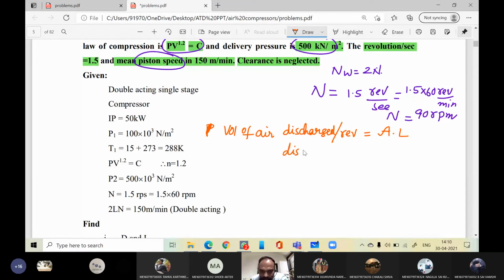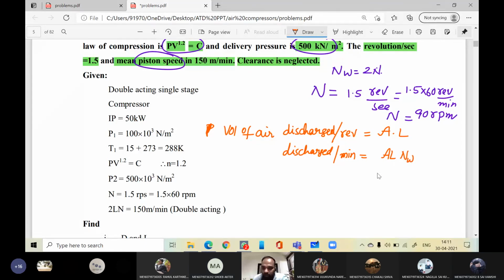Now volume of air discharged per minute. Please tell me, volume of air discharged per minute. You should answer this. You know volume of air discharged per revolution. I want per minute. Multiplied with NW.